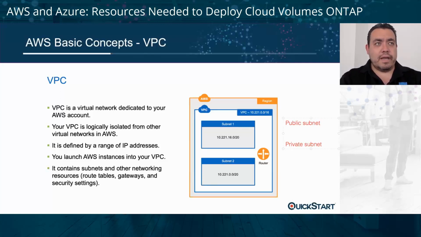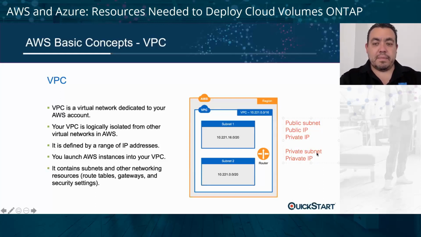When you deploy, let's say, a VM or an instance or a CVO or a Cloud Manager on the public subnet, you always get a public IP address, and you also get a private IP address from your VPC and from that subnet. When you deploy a VM, an EC2 instance, a web server on the private subnet, you only get a private IP address by default.